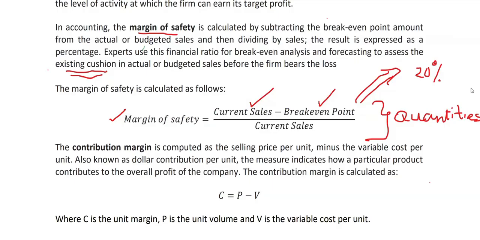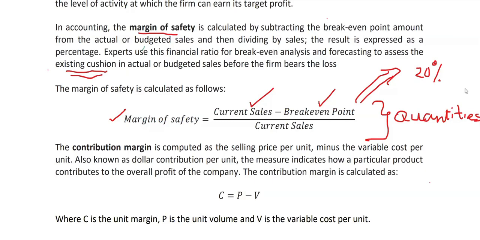The 20% means that the company can afford, and I'm using afford a little loosely here, the company can afford to lose 20% of its current sales and still not be in a loss position. In other words, if the company's current sales declines by 20%, it will go to the break-even point, which is obviously not a loss-making point.